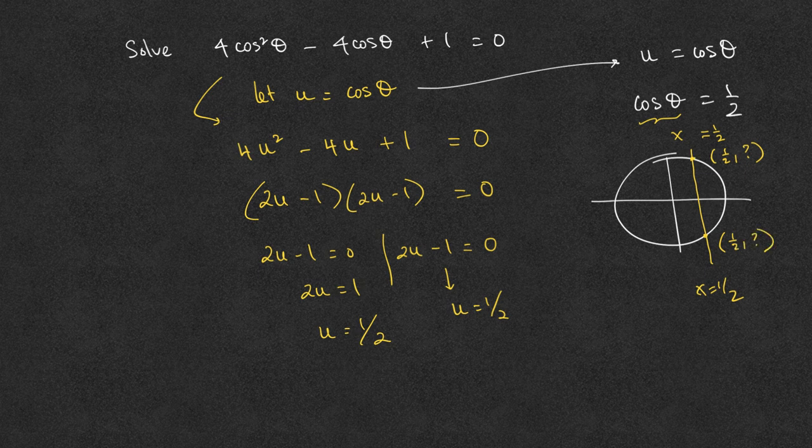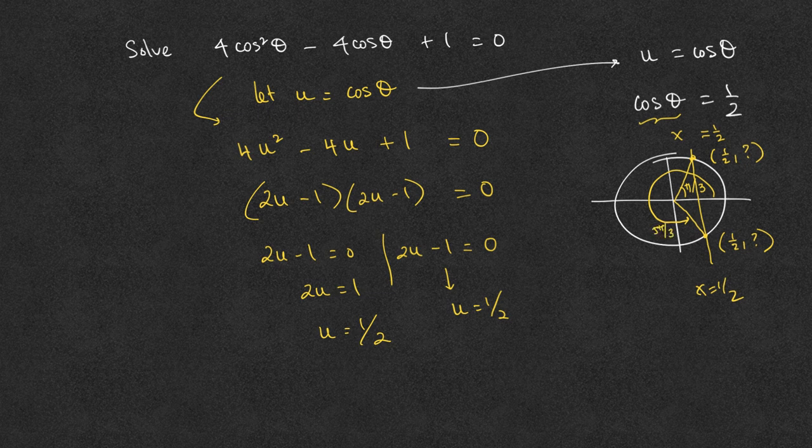From what we know with the unit circle, the only angle that determines the x-coordinate 1/2 in the first quadrant is pi over 3. Similarly, the only angle that determines the x-coordinate 1/2 in the fourth quadrant from 0 to 2 pi is the angle 5 pi over 3.